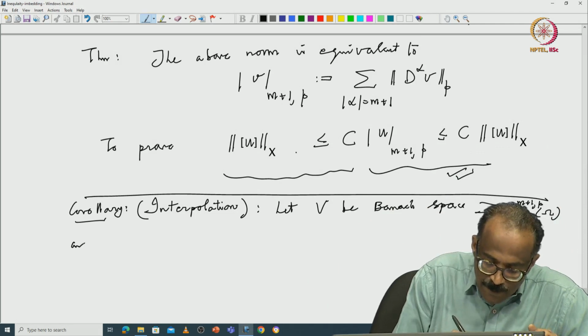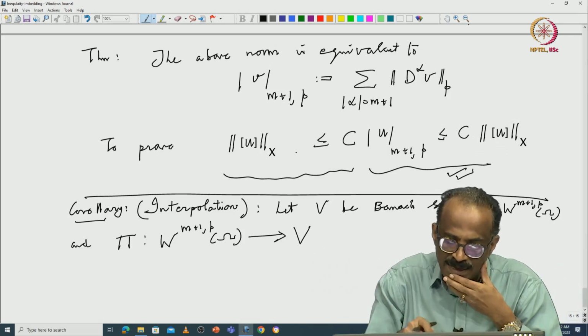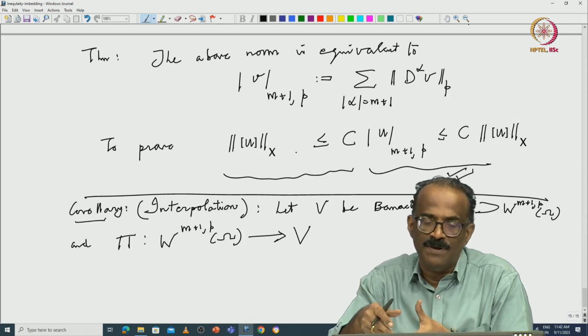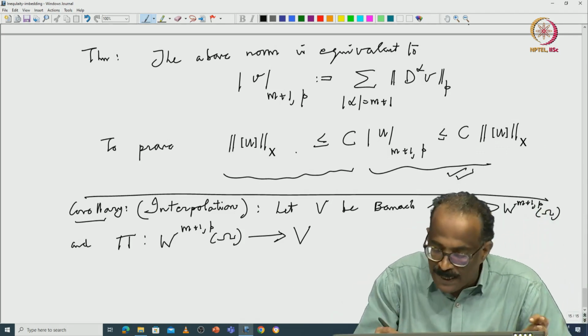And pi is the interpolation, pi from W m plus 1, p of omega to V. You take elements from W m plus 1, p of omega, do some finite element or finite difference method, and construct functions which will be something like here it will be the H1 space, a kind of L2 space, something like that.